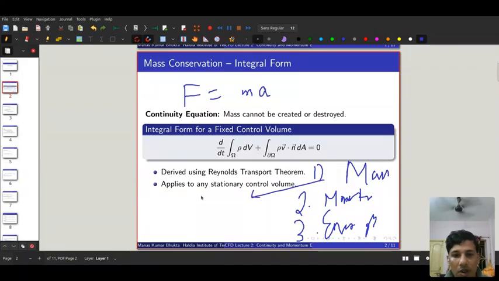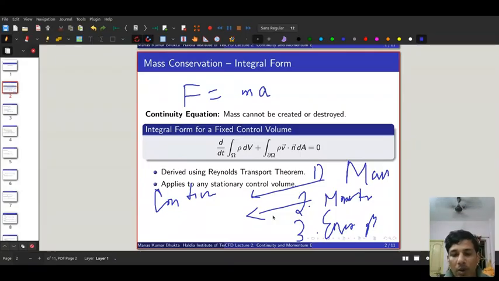Momentum, that is Newton's second law, gives you the momentum equations, and the energy equation is where the energy is conserved. So these three equations are known as the governing equations, which will be used for solving the fundamental flow problems.